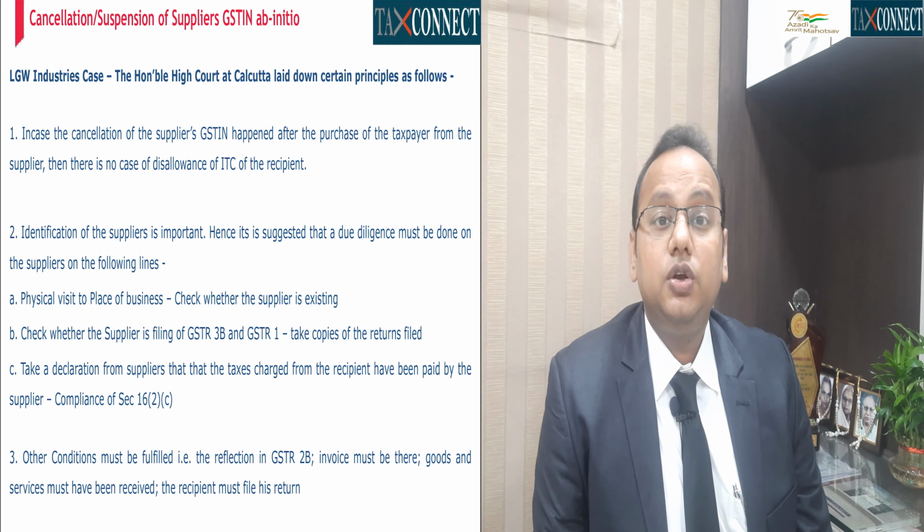Number 3 is to ensure other terms and conditions, that is having the original tax invoice, you filing your GSTR 3B and GSTR 1 returns, etc. as per section 16 have been duly complied with.